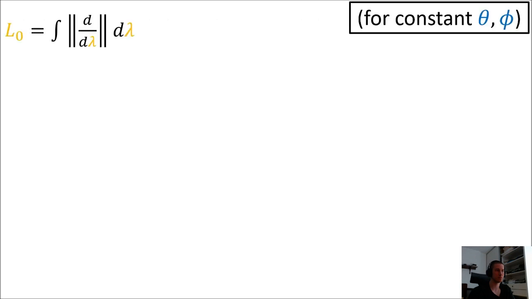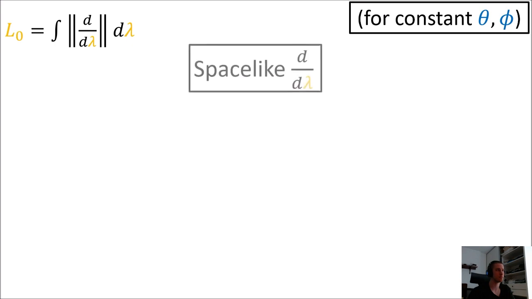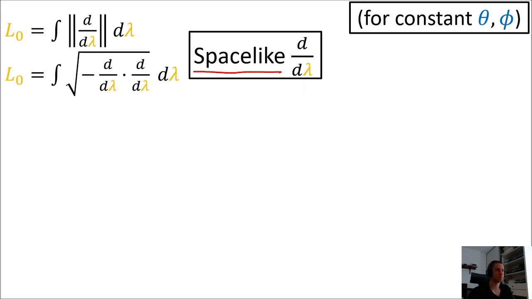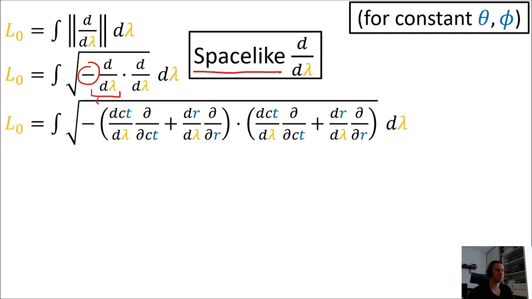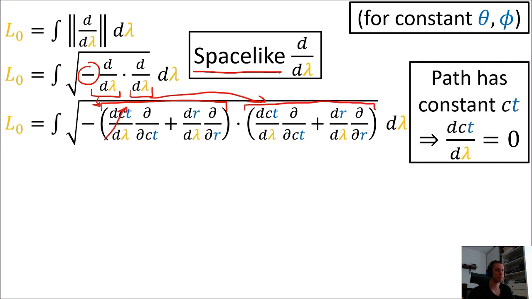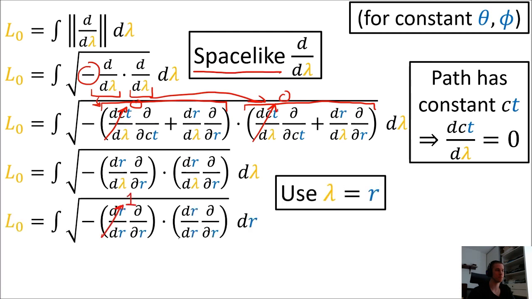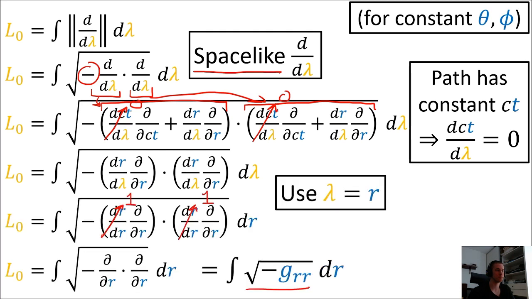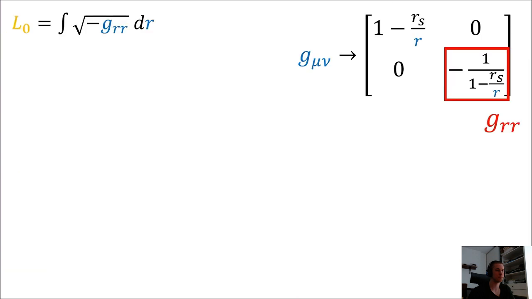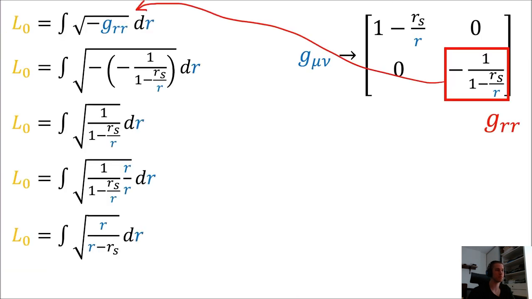We calculate proper length L0 by integrating the tangent vectors along a curve, but this curve must be space-like, where the squared length of the tangent vectors is negative. We can again expand the tangent vector using the multivariable chain rule, then use the special case where the t-coordinate is constant, and take the r-coordinate to be the path parameter, with these going to 1, and then we get the square root of negative g_rr. After we sub in the g_rr component, we see that we have a problem.